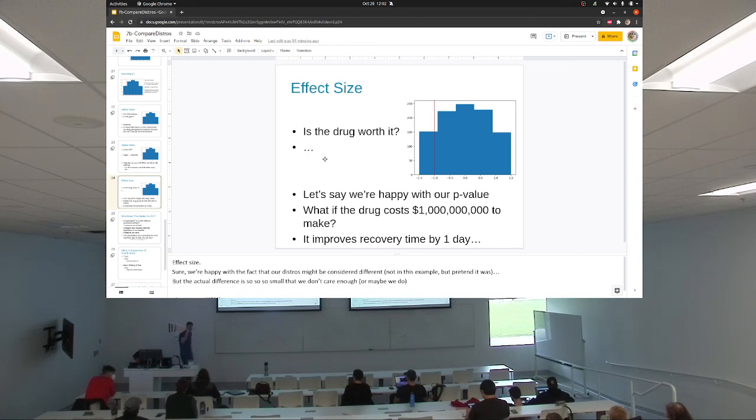But the actual difference, here I had a difference of 1 day, but the actual difference that you observe that you're saying is significant is like 20 minutes. It's like, okay, great, there's a difference, but the effect is so stupidly small, no one cares. So it's not only about p-values, there's more to consider.